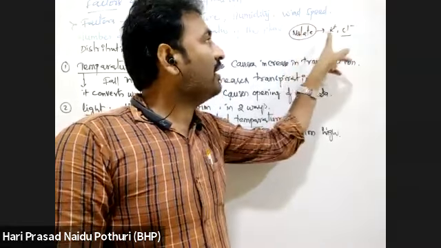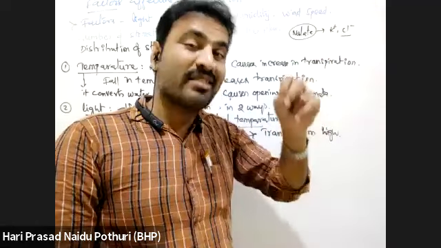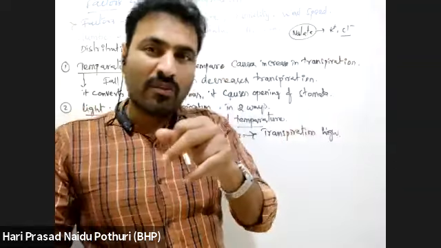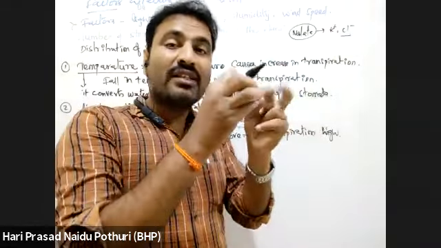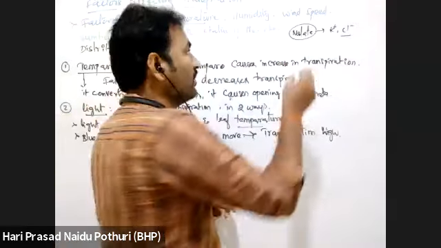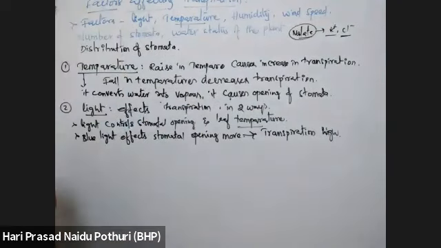That malate ion, K+ ion, Cl- ion concentration will increase inside the guard cell, so that water potential decreases. Water will move from outside to inside, so guard cells will swell by taking water. That is what I told you.